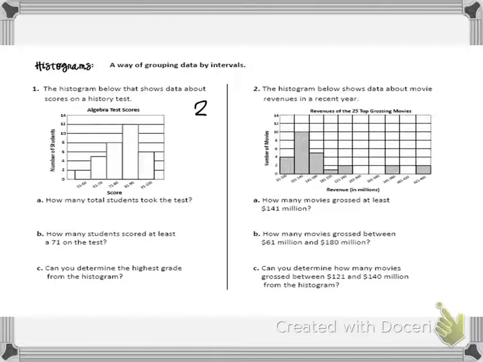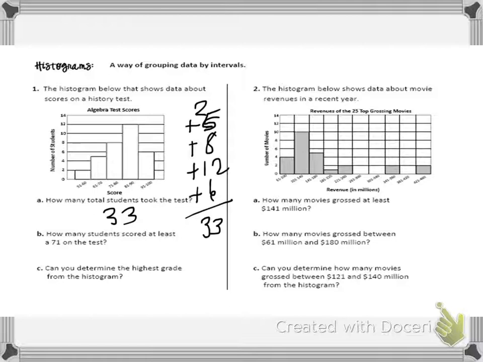So 2 plus 5 plus 8 plus 12, and then the last group goes up to 6. That's 33 students that took the test.